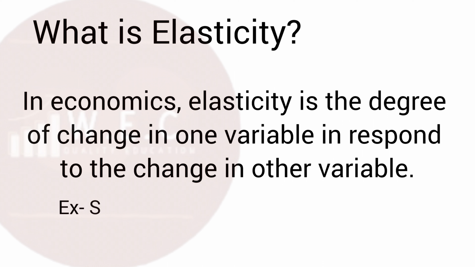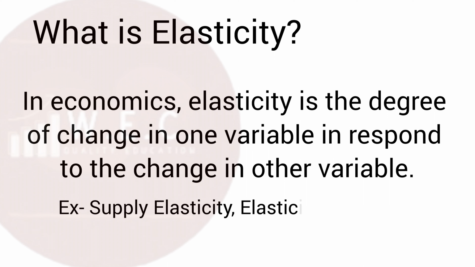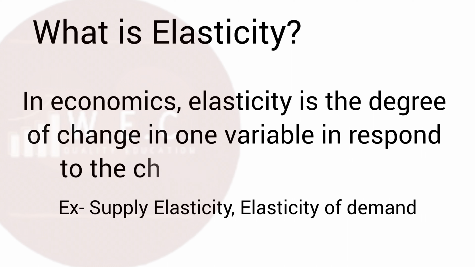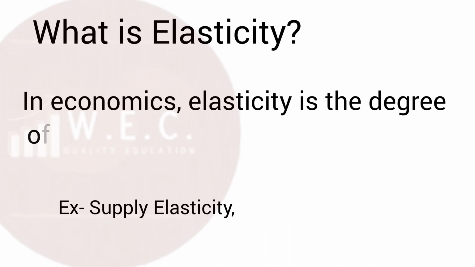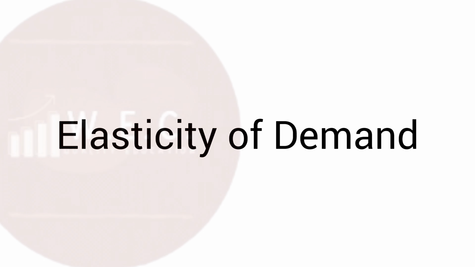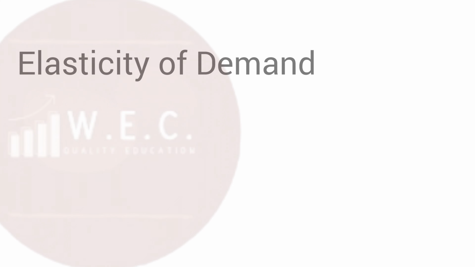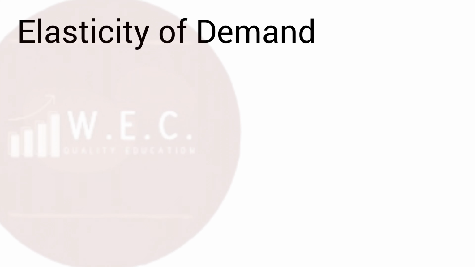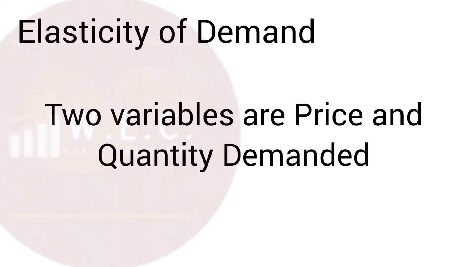For example, supply elasticity. In supply elasticity, two variables are quantity supplied and the per unit price of the good. However, in this video, I will discuss elasticity of demand. In case of demand elasticity, two variables are price and quantity demanded.